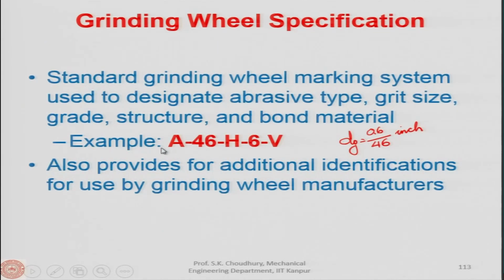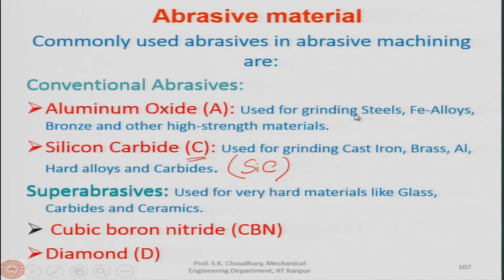So, if you tell that you need this kind of grinding wheel, or if you have a grinding wheel with this designation, you will know where this grinding wheel is to be used. For example, this grinding wheel cannot be used for grinding cast iron. Why? Because we have this limitation that aluminum oxide is used for grinding steel material, ferrous alloys, and bronze, and for cast iron, which is a brittle and hard material, you need silicon carbide.